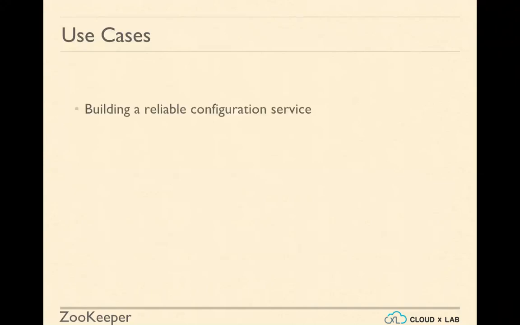So you can build a reliable configuration service using Zookeeper. What does it mean by a reliable configuration service? You can keep some of the data that's changing relatively faster in Zookeeper and let the system pick the data from there.